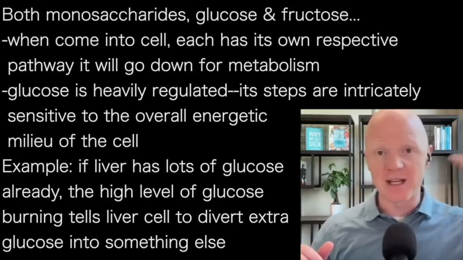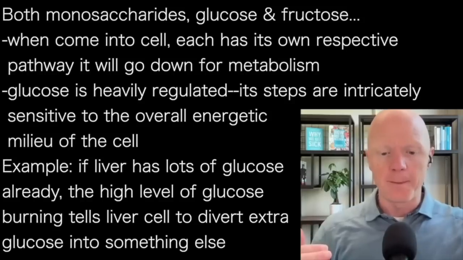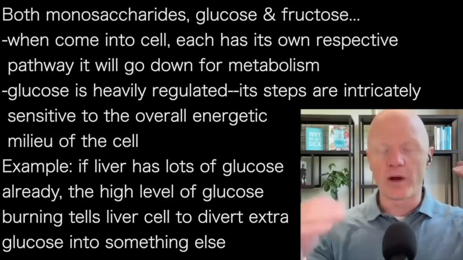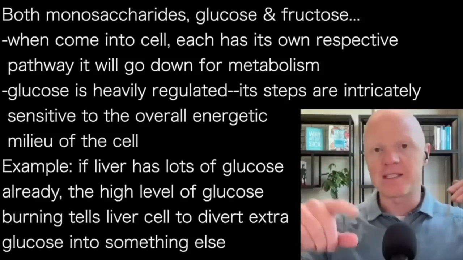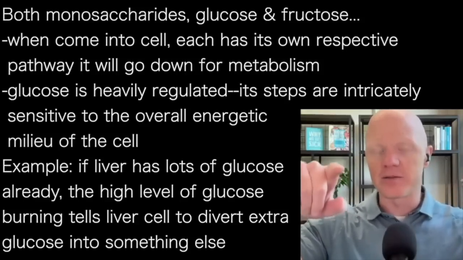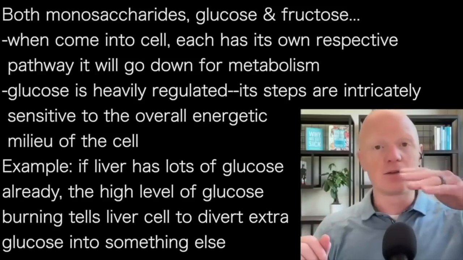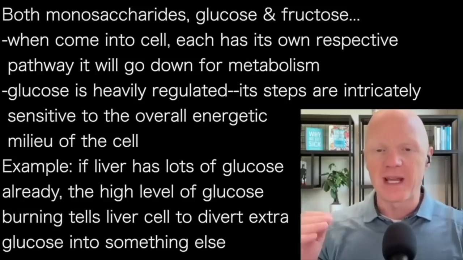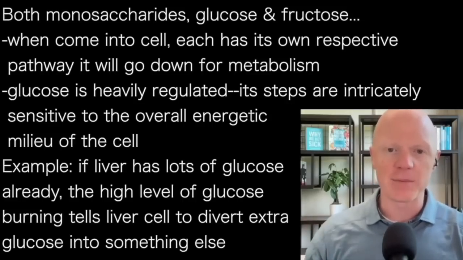So if the liver cell has a lot of energy, where it's burning a lot of glucose already, that high level of glucose burning will basically start to feed back and tell the liver cell, hey, we're burning a lot of glucose right now, so let's divert that glucose into something else. So it has some regulatory steps that will check its own metabolism.